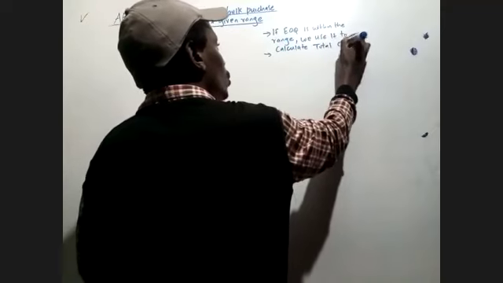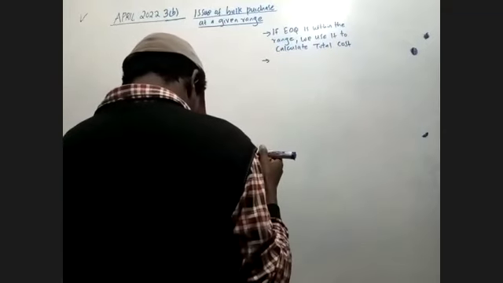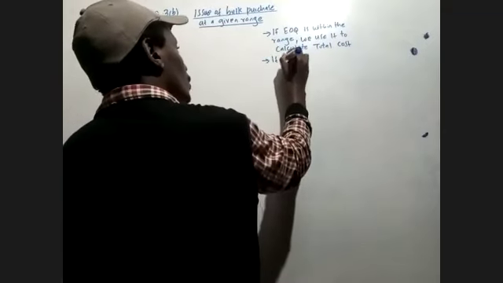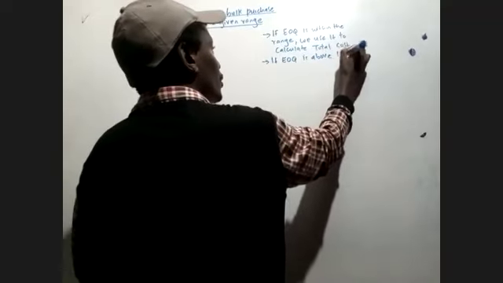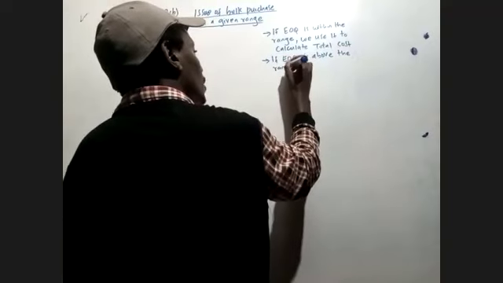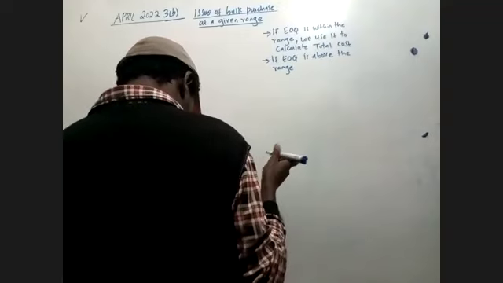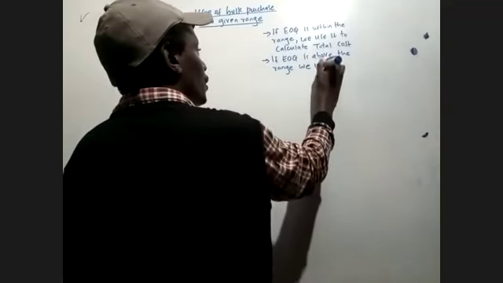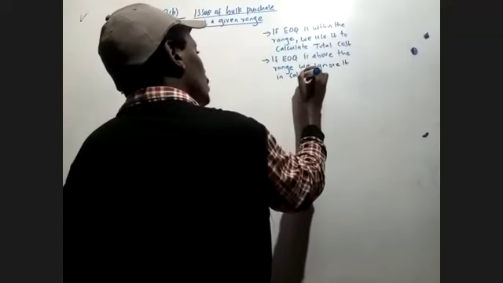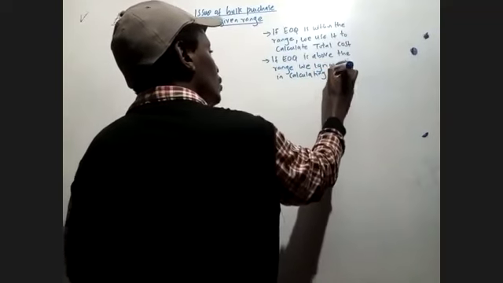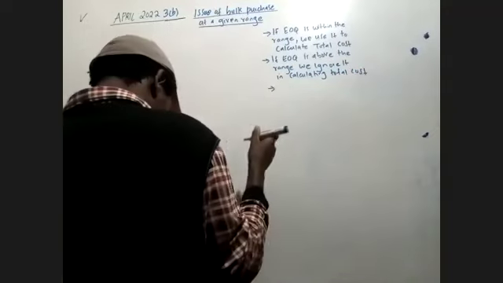Number 2, if EOQ is above the range, we ignore it in calculating total cost. We have written this because we will use it.